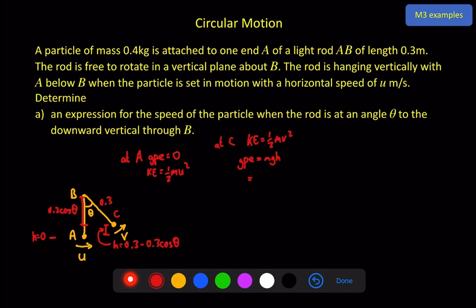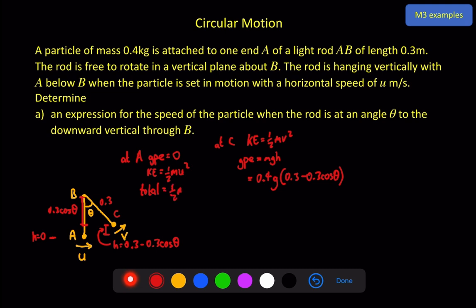So our mass here, we've got a 0.4 times g, I'll leave as g for now, times h, 0.3 minus 0.3 cos theta. And the whole point here is that the total energy of the system doesn't change.